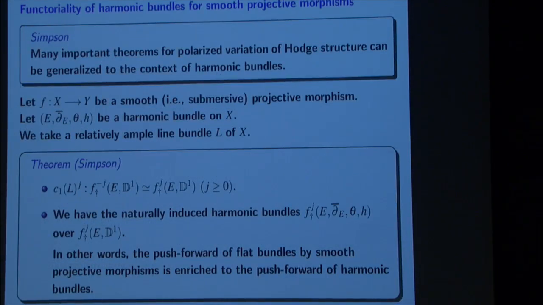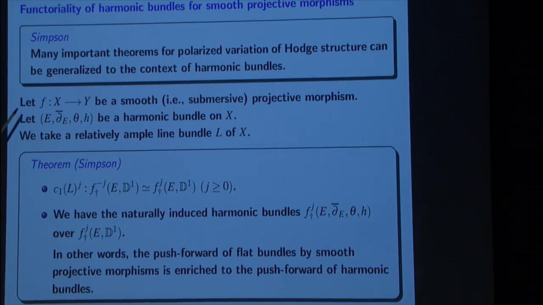Then Simpson proved the functoriality of harmonic bundles for smooth projective manifolds. I mean, he proved that many important theorems for polarized variation of Hodge structures can be generalized to the context of harmonic bundles. For instance, he studied the harmonic analysis for harmonic bundles as a generalization of the harmonic analysis for polarized pure Hodge structures due to Green.